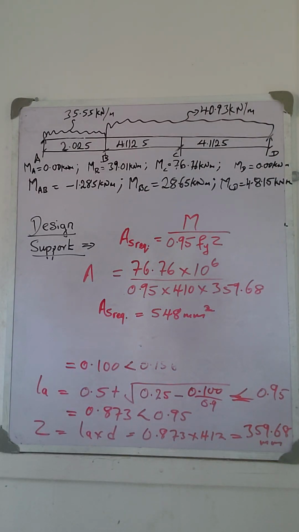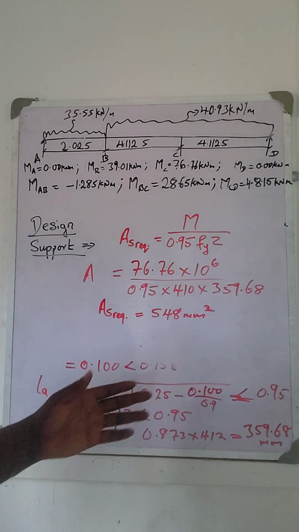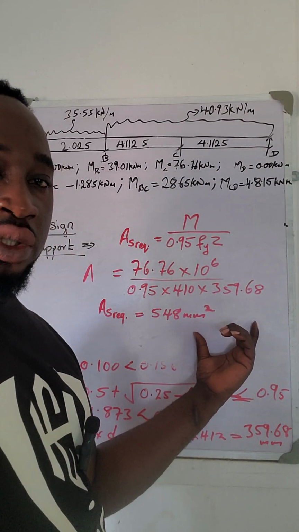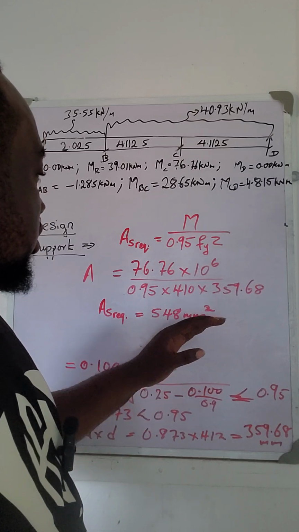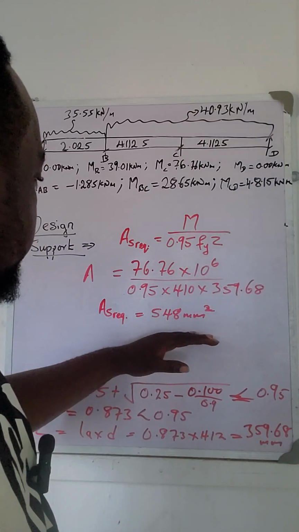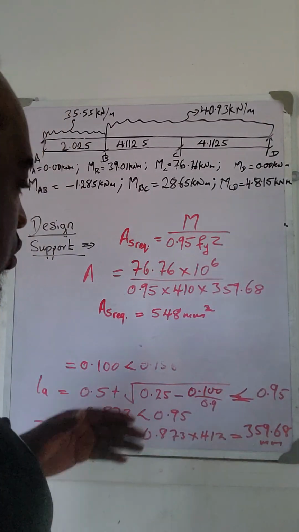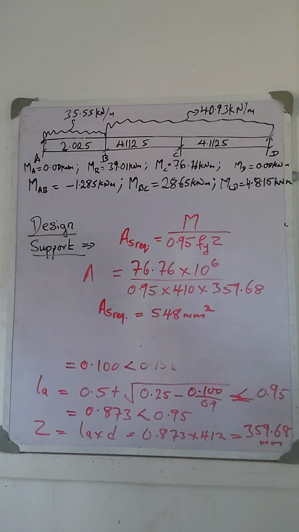So we've gotten this As required. You will now go to your BS code to get the number of steel that will be required here. In this case we have two areas of steel that we make use of.